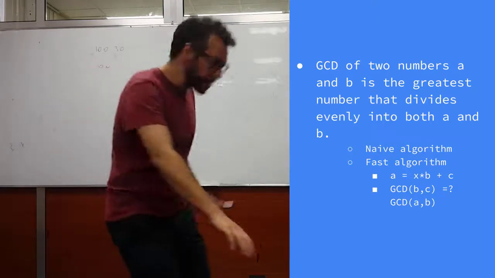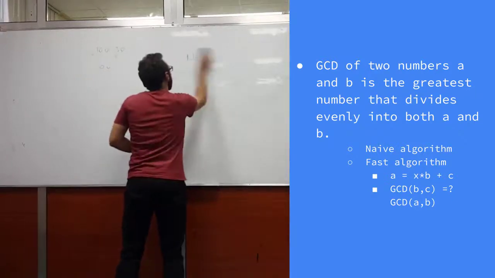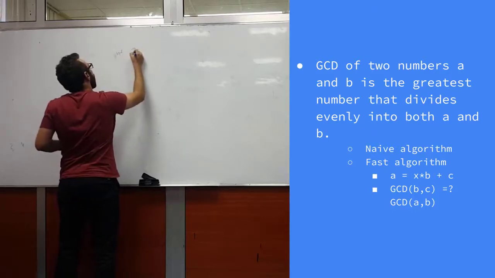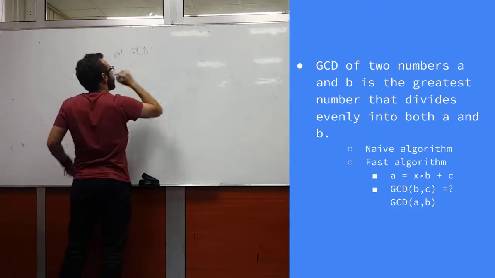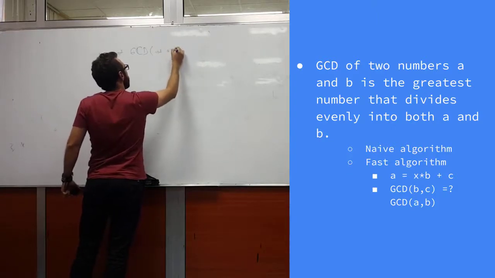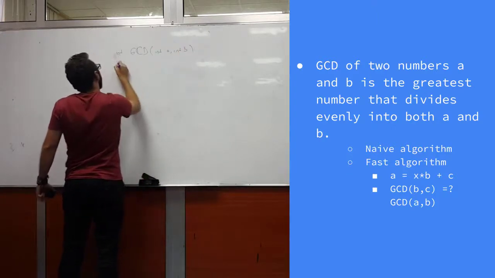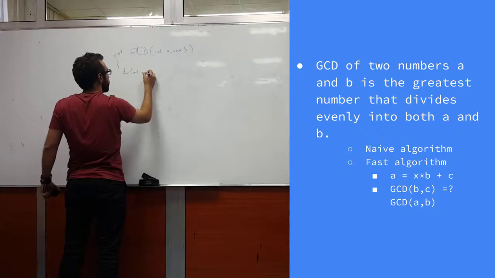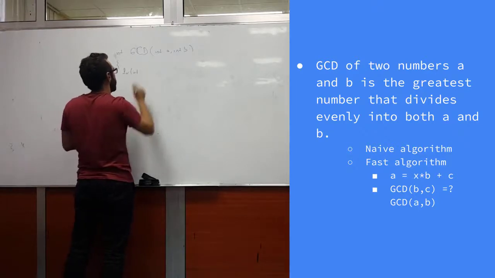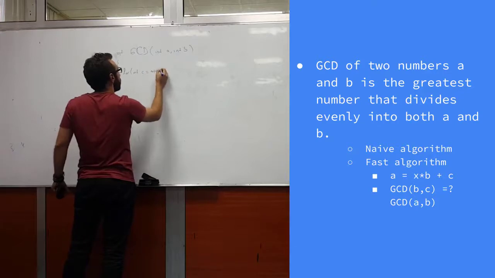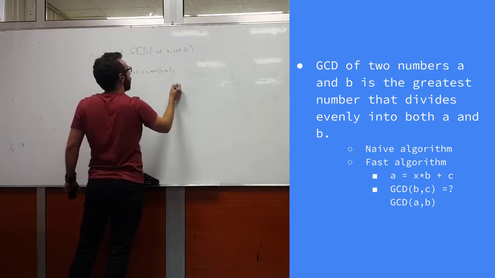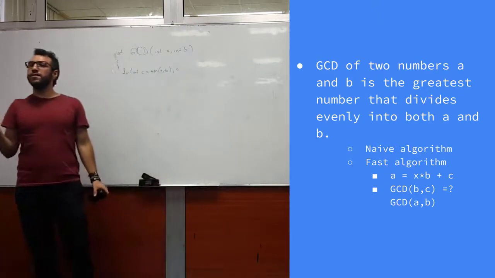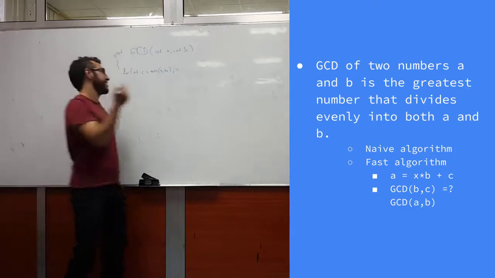Just for the sake of completeness, let me write it. We have A and B, and then we start from the smaller one. Let's say C is equal to the minimum of A and B. So in the worst case, what's the minimum value of the greatest common divisor? Right?